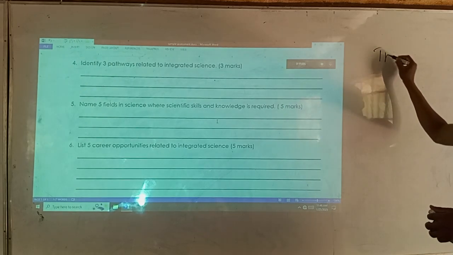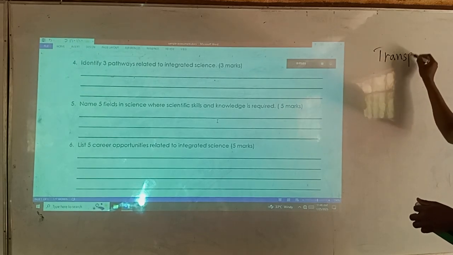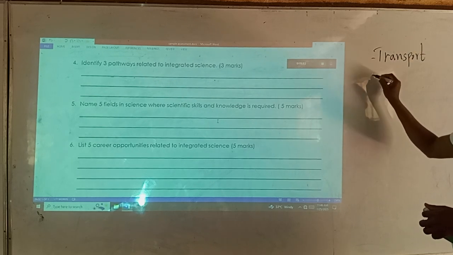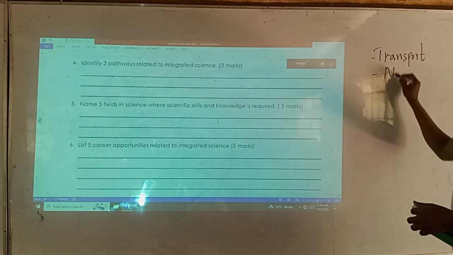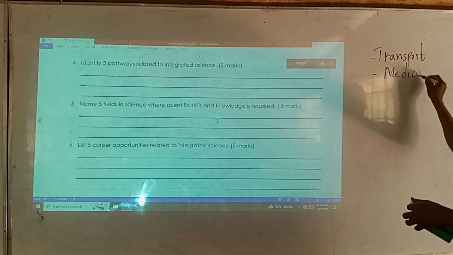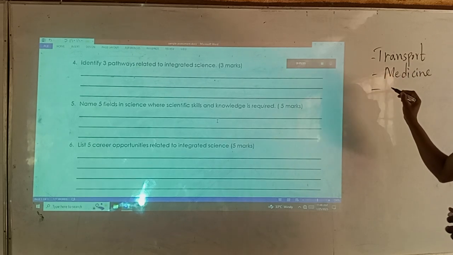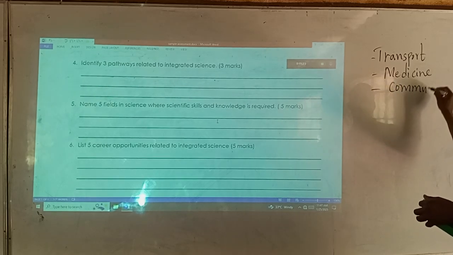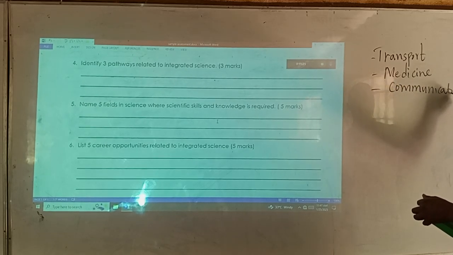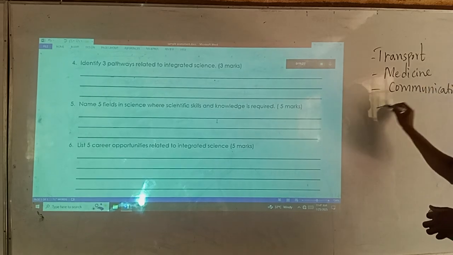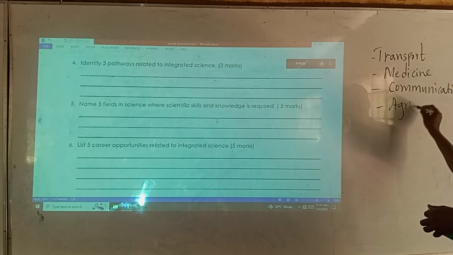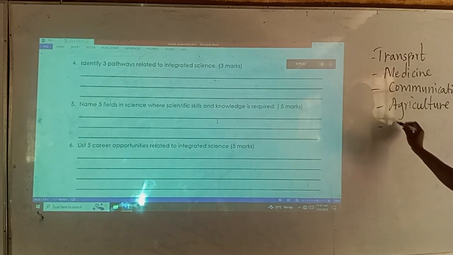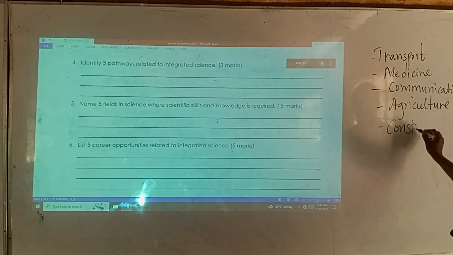transport, medicine, agriculture, construction. We have transport, medicine, communication, agriculture, and also in construction.